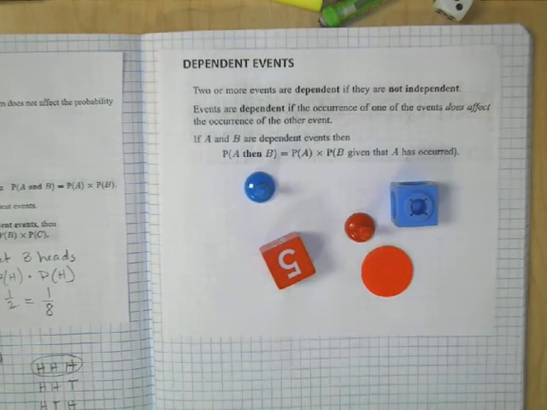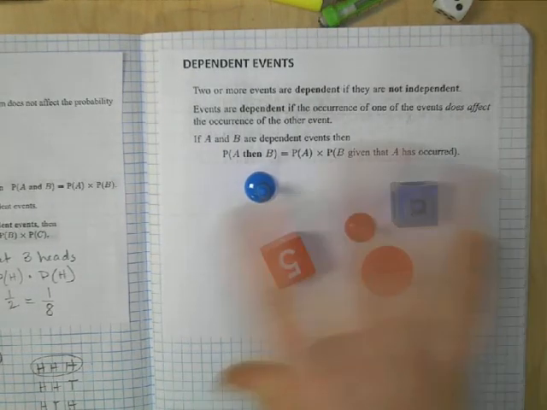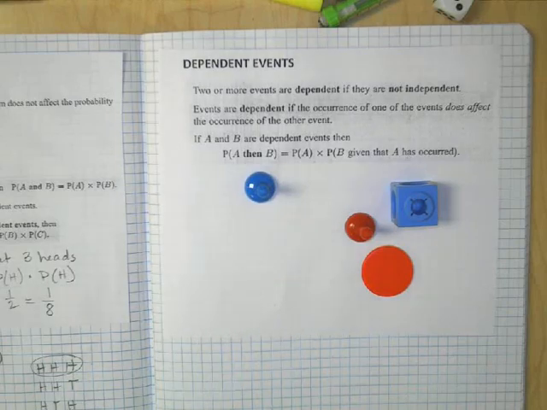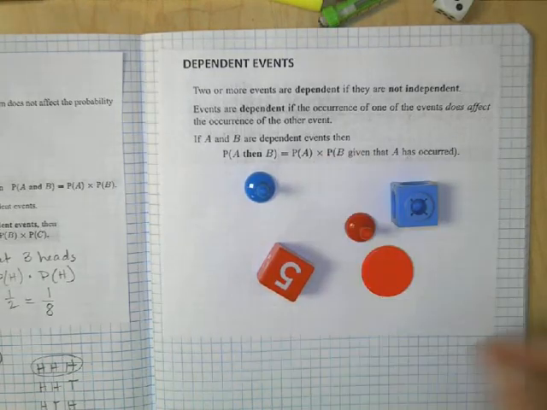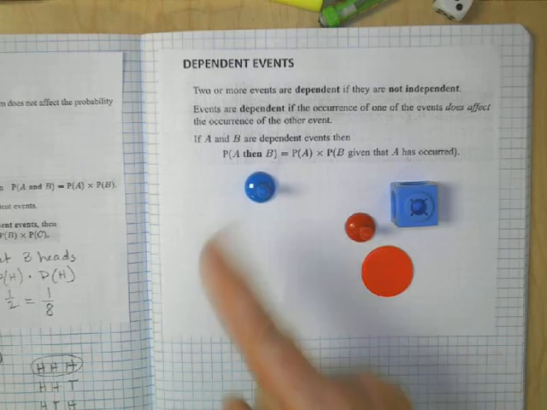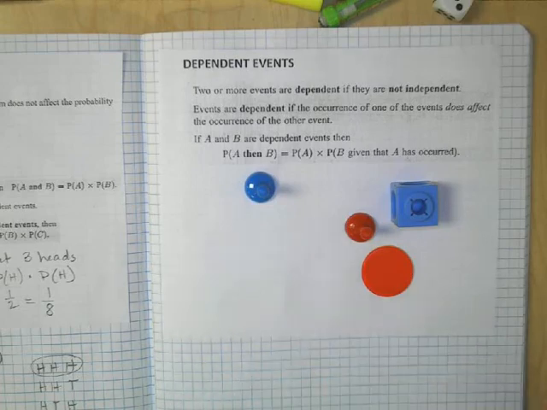So, for example, if I choose 2 objects from this collection of items, the first time I choose a red object, there's 5 things in the bag. So I have a chance out of 5. But once I remove that, now my chance is out of 4.